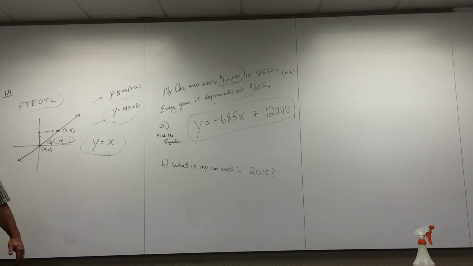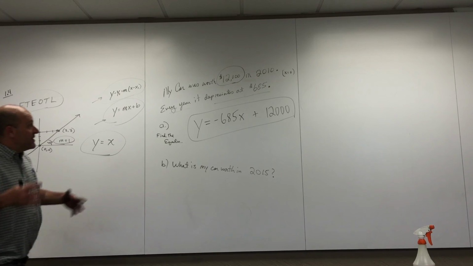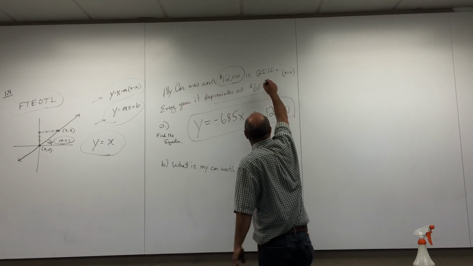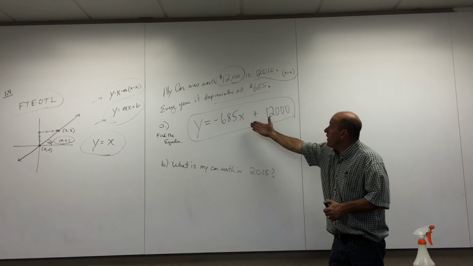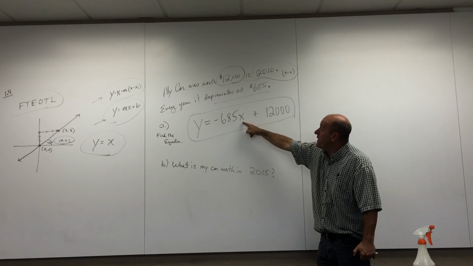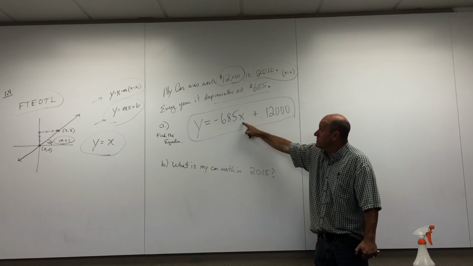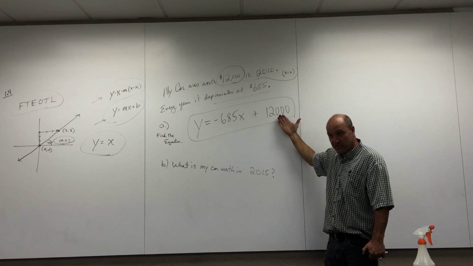Plug in 5. Because 2010 was called x equals 0, and that's what made this equation work. Because watch, if you plug in a 0, you get your 12,000.